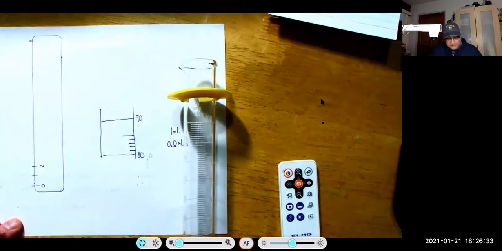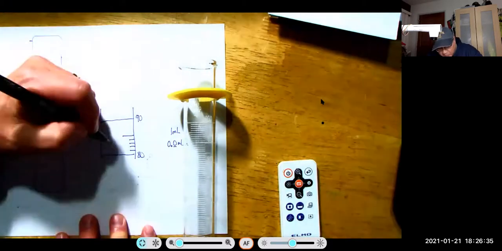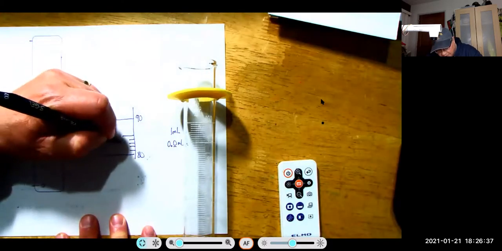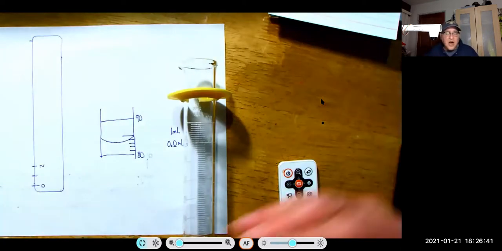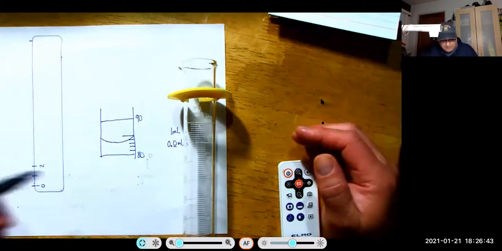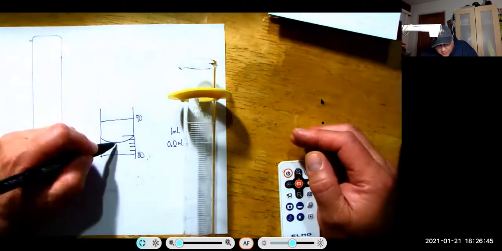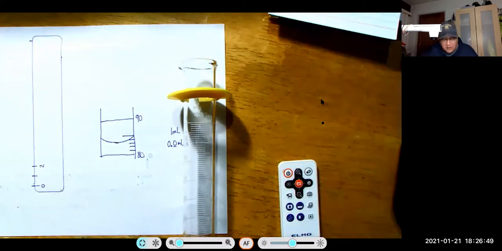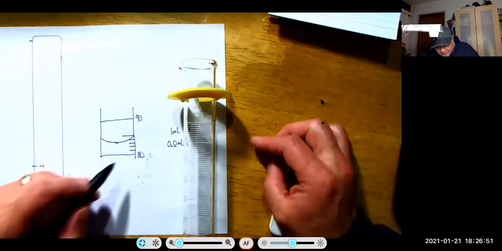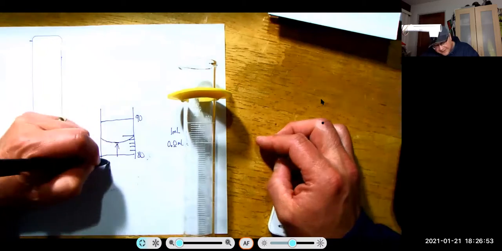This is what a liquid will look like inside of a graduated cylinder. It looks like it has a bit of a concave shape to it, where the middle of the water is lower than the outside of the water. This middle is called the meniscus.